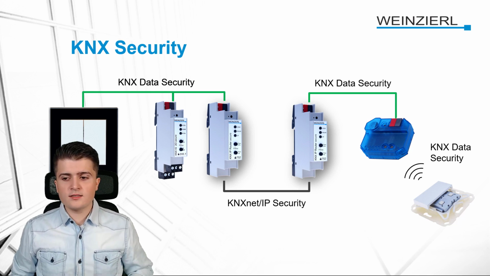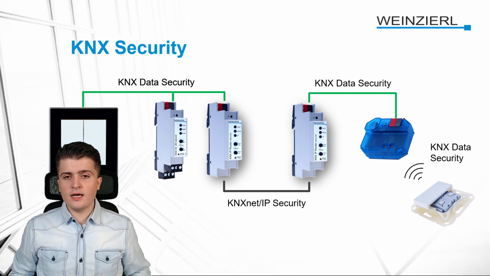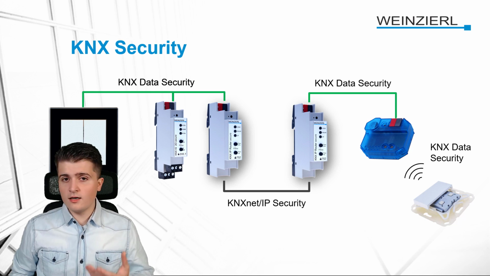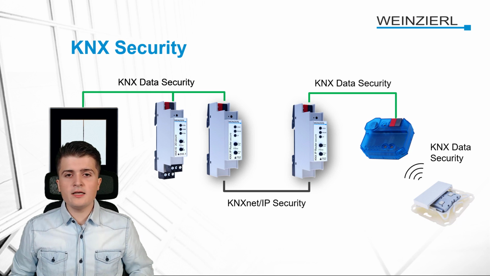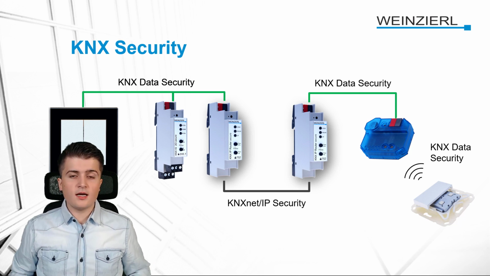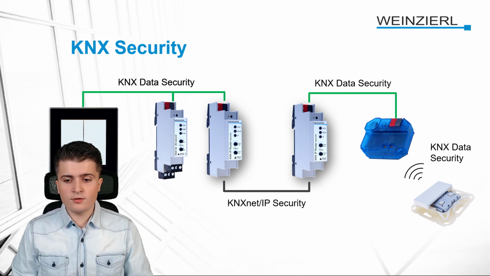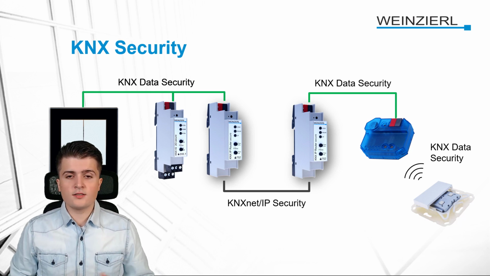And on the right hand side we have a KNX push button sensor 440 RF, so KNX radio frequency, which also supports secure, as well as the KNX twisted pair to RF coupler, which is the coupler 673. And of course also the KNX IP router 752 are secure.